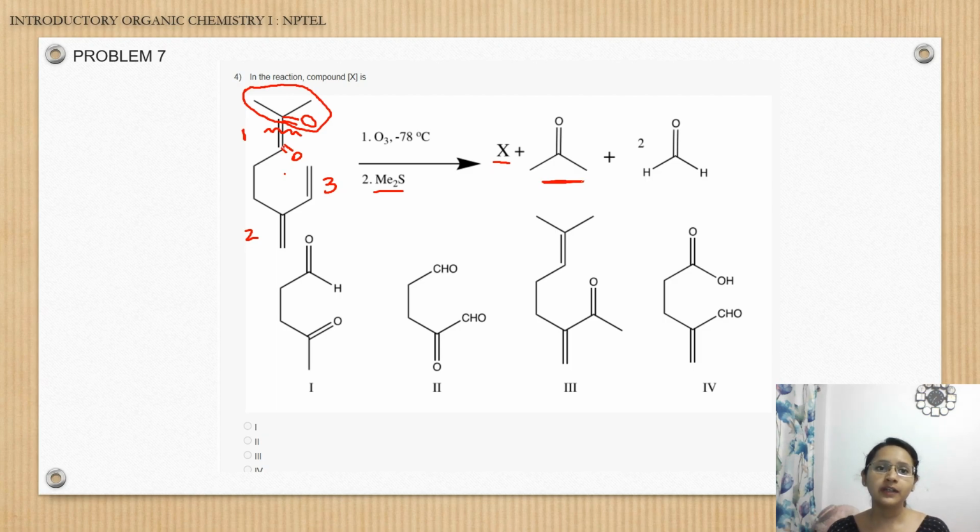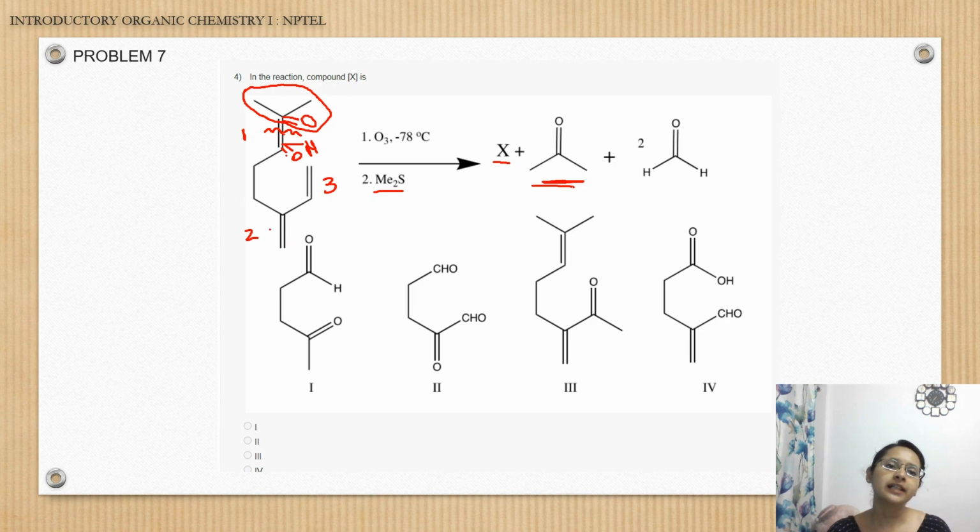Now if we figure out what it is, you will be thinking that here there is a proton present, right? So it is not a ketone, it is an aldehyde, and this aldehyde is attached to this chain. So it will not give you a separate fragment from the chain, but this ketone is the separate fragment from the chain. So this ketone is coming from alkene number 1, and you will be left with this CHO molecule here.